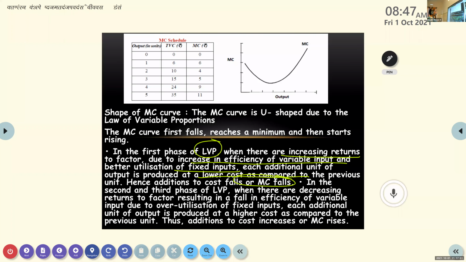Now, in the second and third phase of LVP, the law of variable proportion, returns start decreasing. What do you mean by returns to factor? Anyone? From the term itself, you know what it is, returns to a factor.